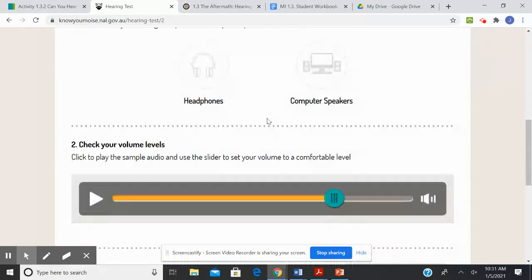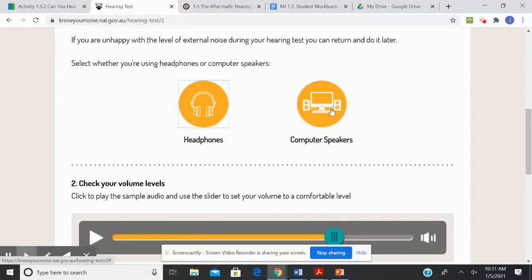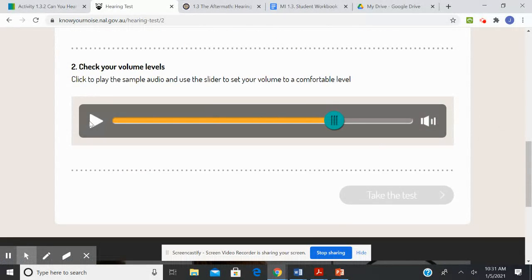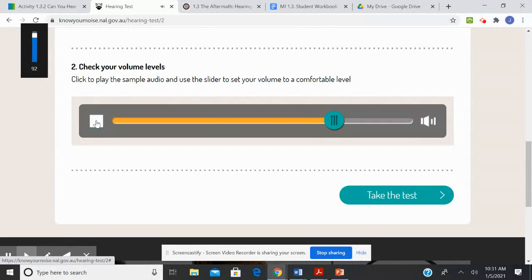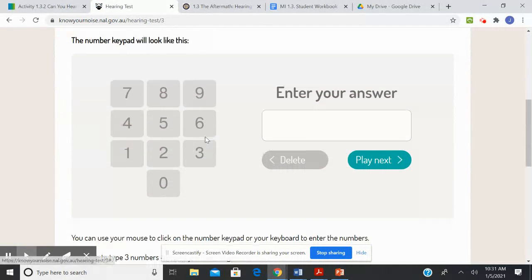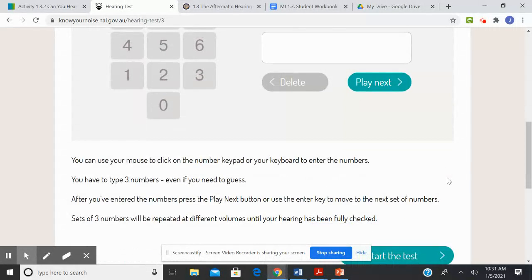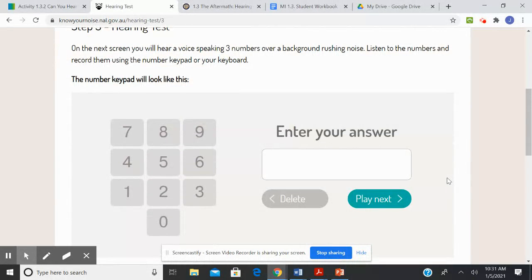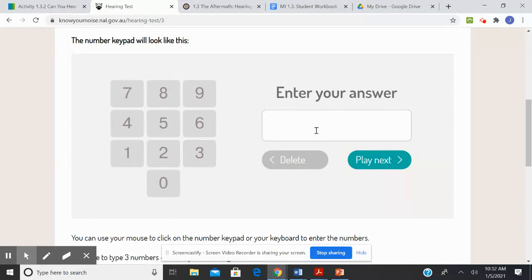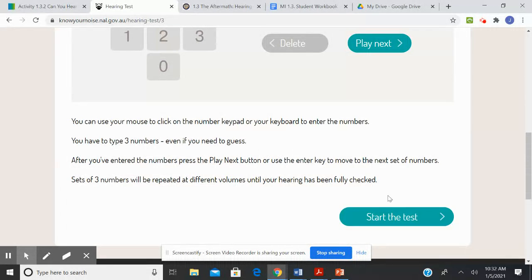So if I just do a quick demo of this, computer speakers. So here you go. That's enough. And then go to take the test, and you're going to hear a voice speaking 3 numbers, and then record them using the number keypad or your keyboard. Okay, so from there, that'll be the next test.